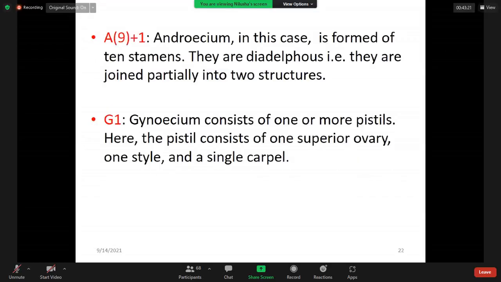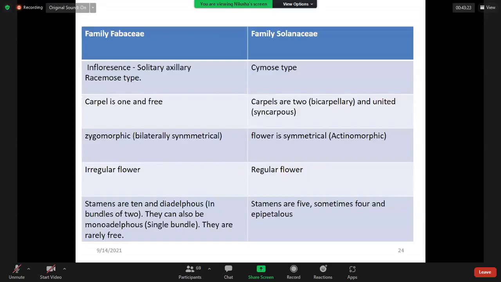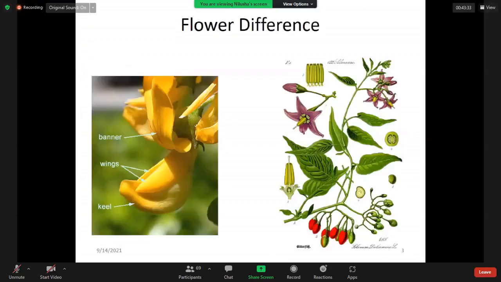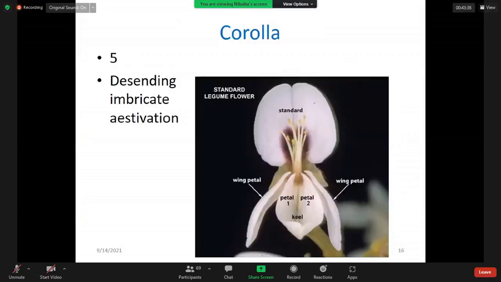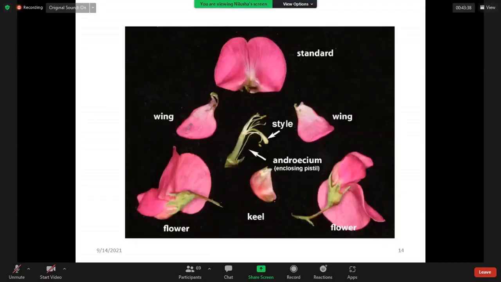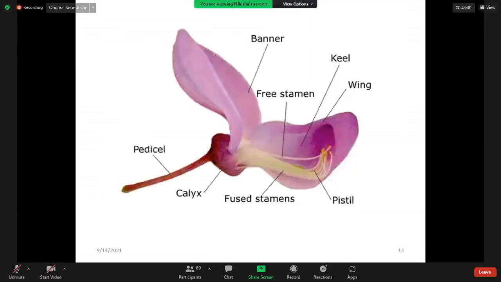And you should know the flower differences in the family Fabaceae and the Solanaceae. This is the flower part, the pedicel.